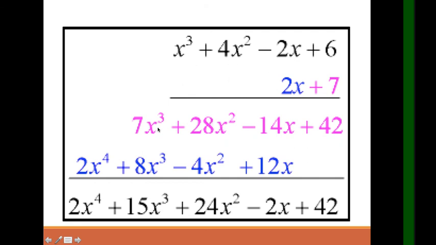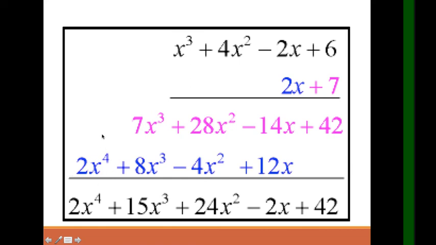Just copy x cubed. For the 2x, we have 2x times 6 is 12x. We align it with the same variable. 2 times negative 2 is negative 4. And then x times x is x squared. 2 times 4 is 8. X times x squared is x cubed. 2 times 1 is 2. X times x cubed is x raised to 4.